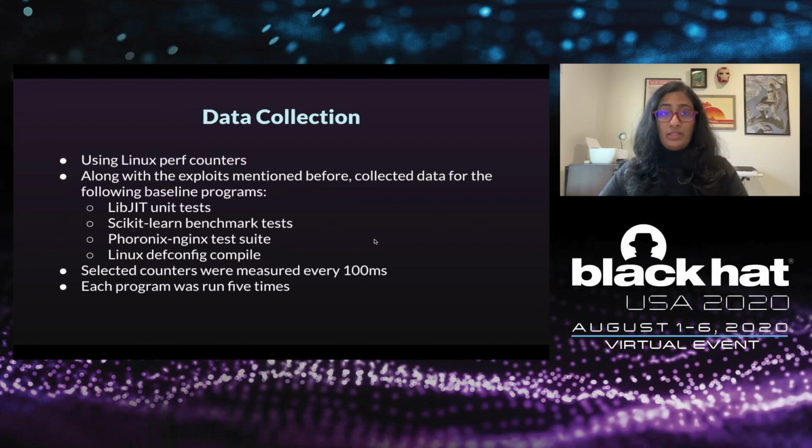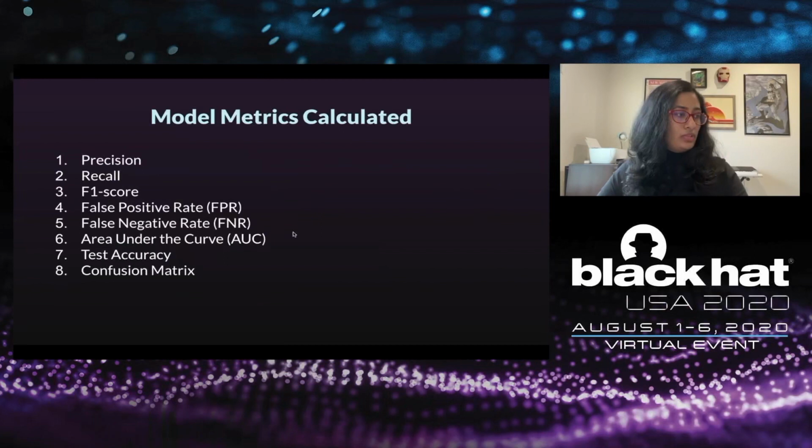These selected counters were measured every 100 milliseconds, and each test script was run 5 times for statistical significance, right? And these were the model metrics that we calculated: precision, recall, F1 score, false positive rate, false negative rate, area under the curve, test accuracy, and confusion matrix.